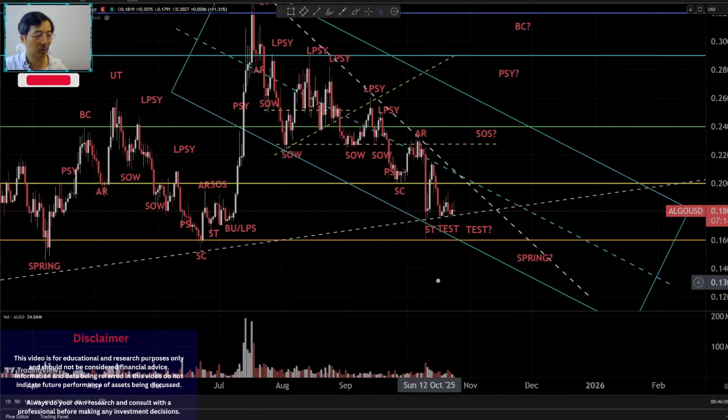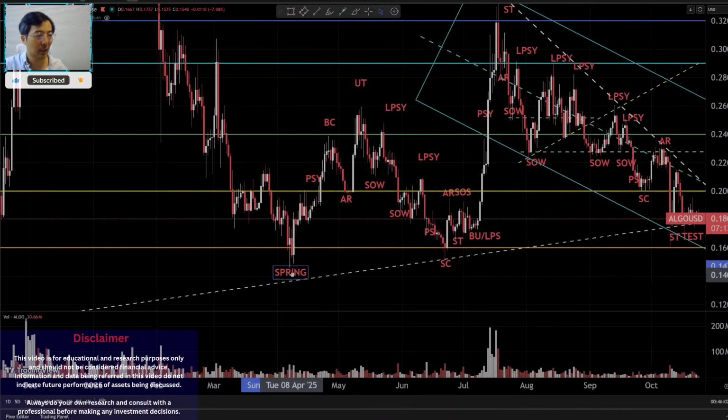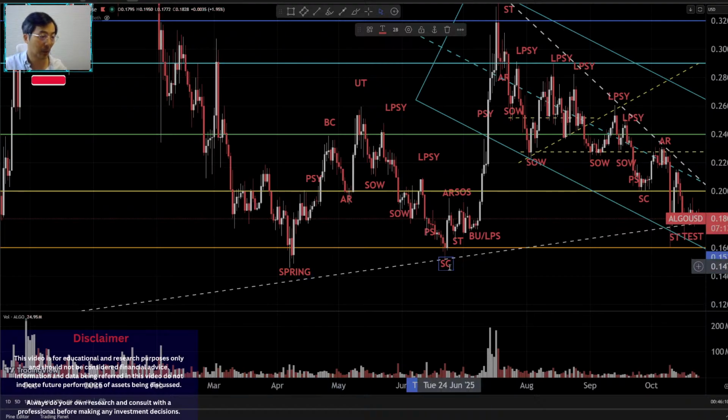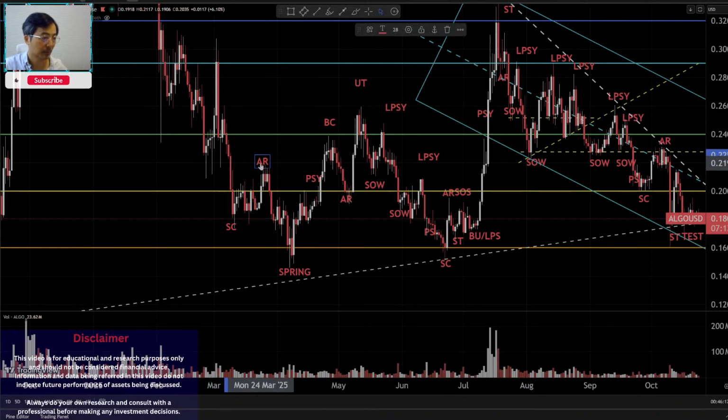Spring, if you're new to Wyckoff, is a stage where we see a very deep price level, lower than the selling climax. For this case, the selling climax was over there, and then we got the automatic rally right there.